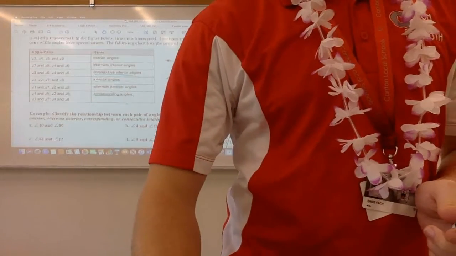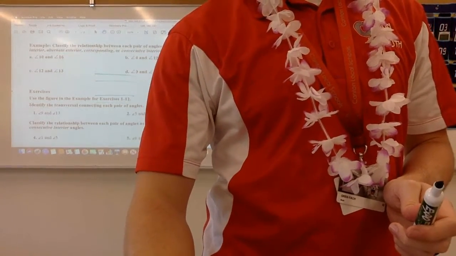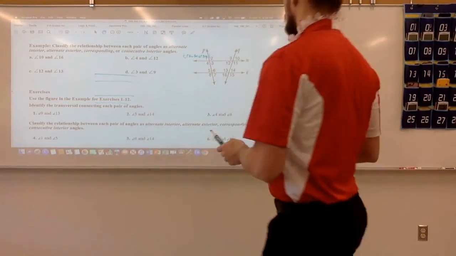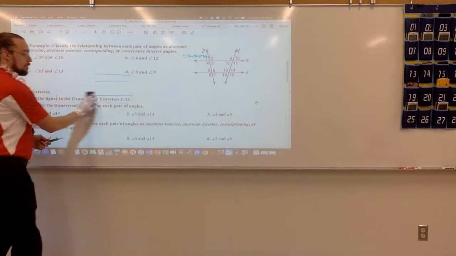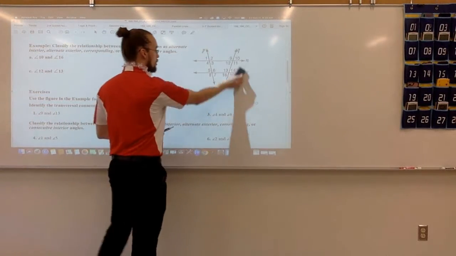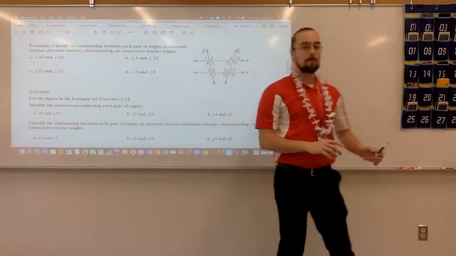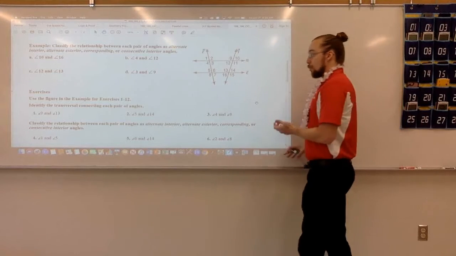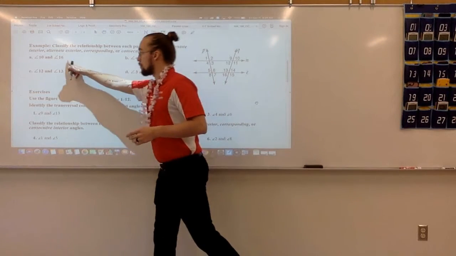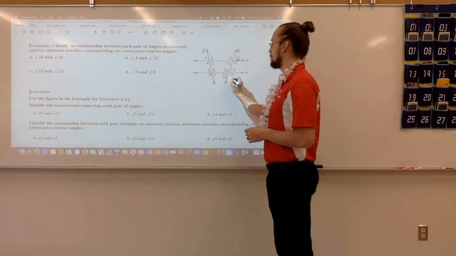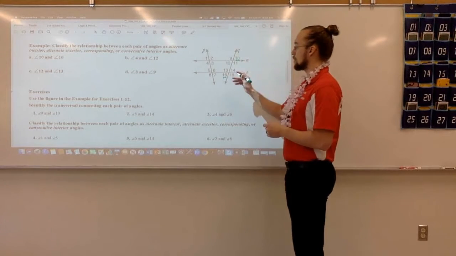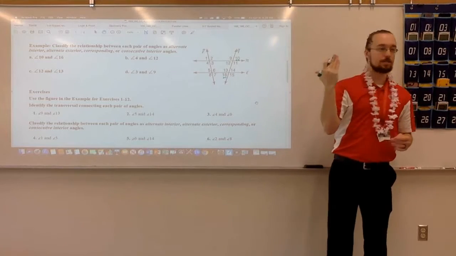Okay, so let's jump down to this example here and try to identify some of these. Now, in this example, we've got an extra line in the diagram we looked at up top. So for the first one, I'm looking at angles 10 and 16. Angles 10 and 16 are both on the right side here.